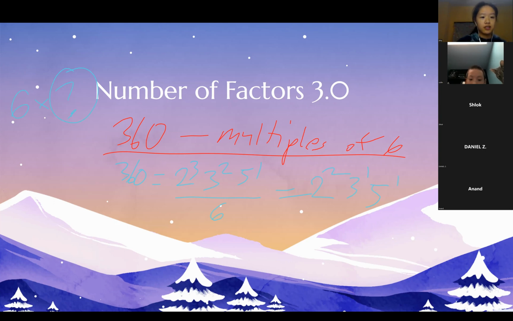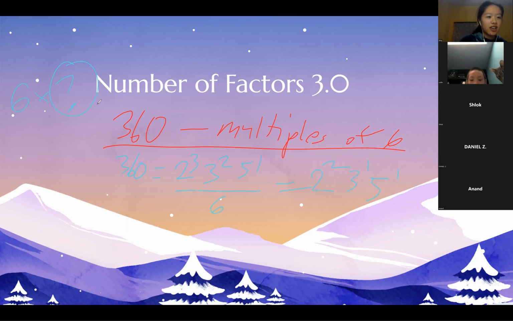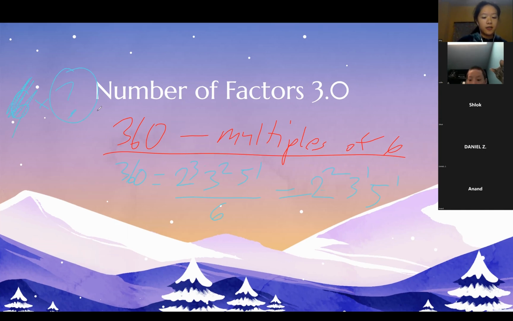So you can just ignore the 6, take out the 6 from the 360, and what you're left with is all the stuff that you can use to make that something. And now we just find how many factors are in this new number. So again, we go through our little procedure. You add 1 to each of the exponents. And now we get the answer 12.